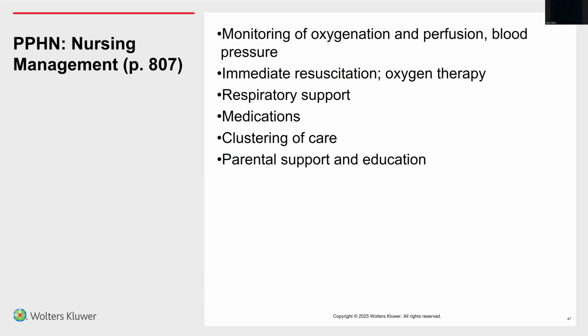We manage this by monitoring oxygenation and perfusion and blood pressure. We provide immediate resuscitation and oxygen therapy to these little ones and respiratory support. They may get medications. We're going to cluster their care and provide lots of parental support and education.